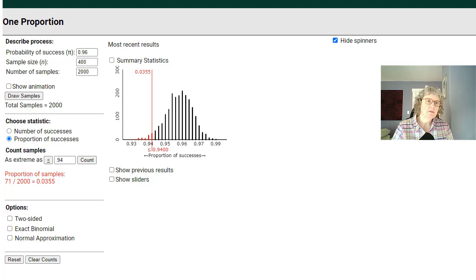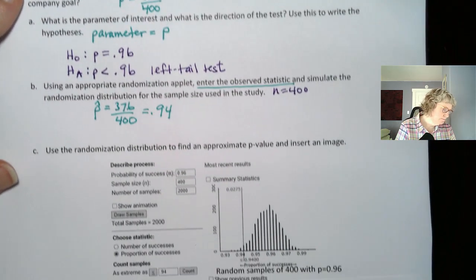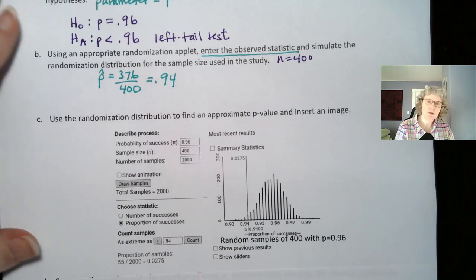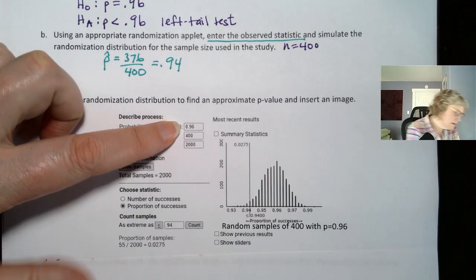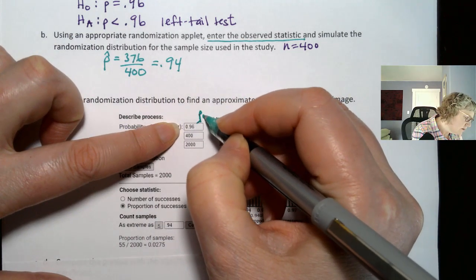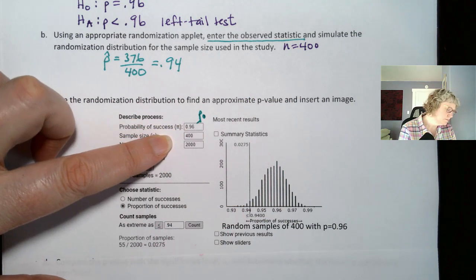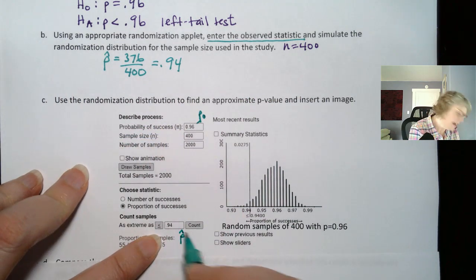Okay, so let me go back to the notes here and show you all the stuff that we had put in. So we put 96. That's our p0. And then this 0.94 is our p hat.